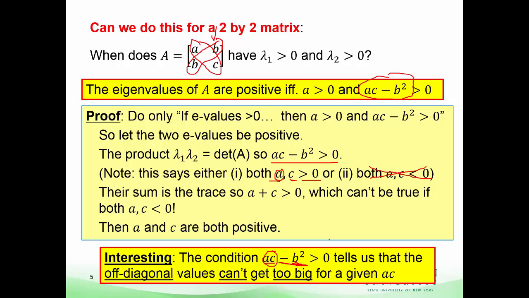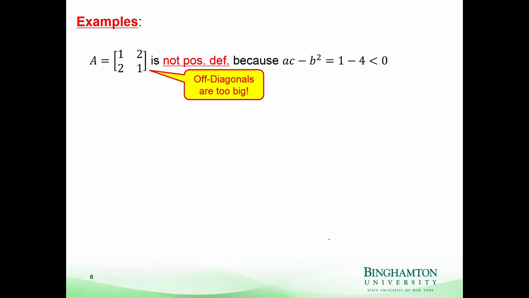So in a sense, we can say positive definite matrices are symmetric matrices where, in some sense, the diagonal elements dominate the off-diagonal elements. And for 2 by 2, this is the sense. So here's an example. This is not positive definite.